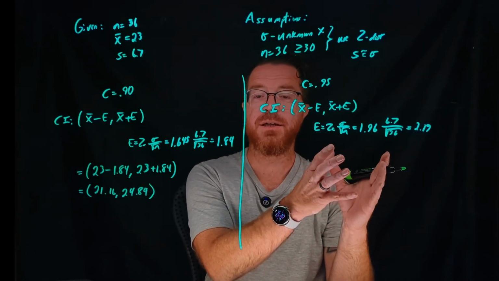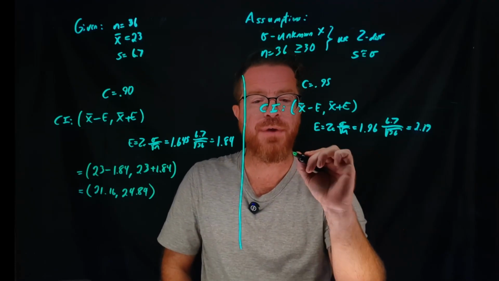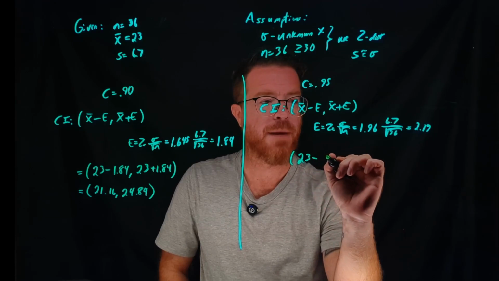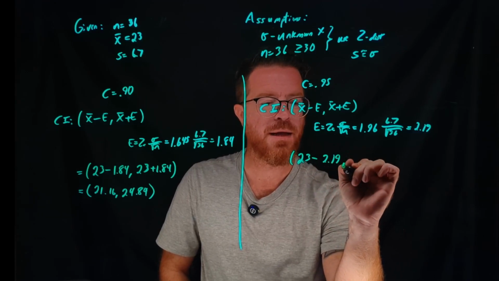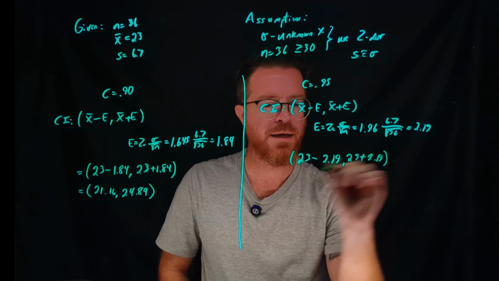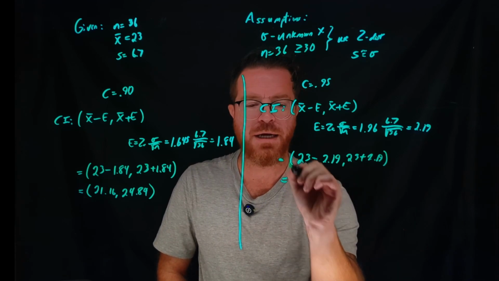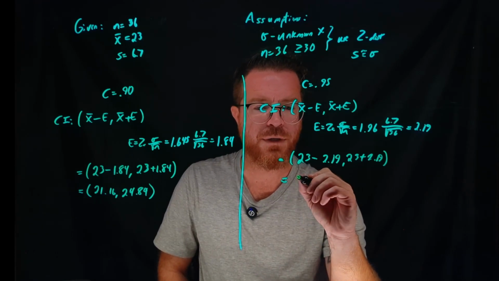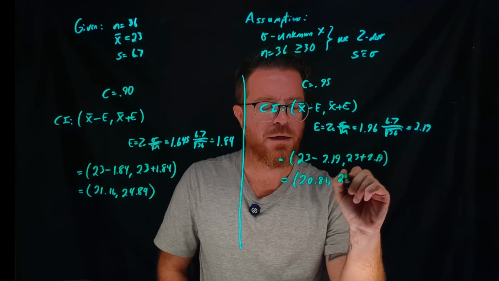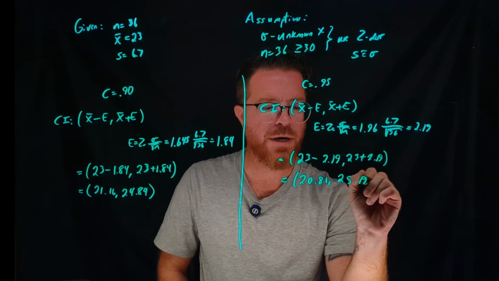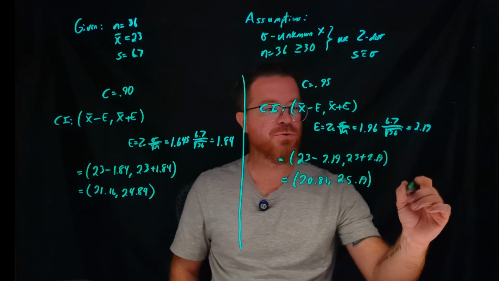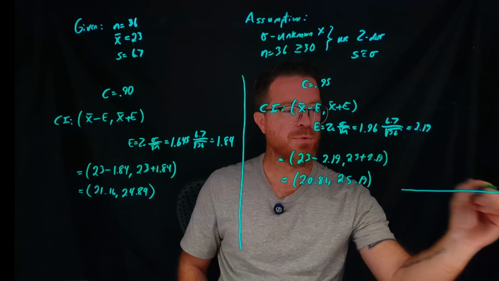For my confidence interval with a confidence level 0.95, it is going to be 23 minus 2.19 up to 23 plus 2.19. And this is going to give me a confidence interval of 20.81 up to 25.19.